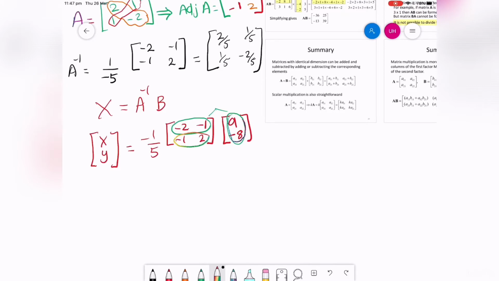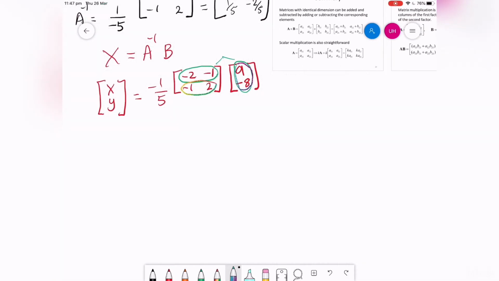So X and Y equals minus 1 over 5, just leave it for now.